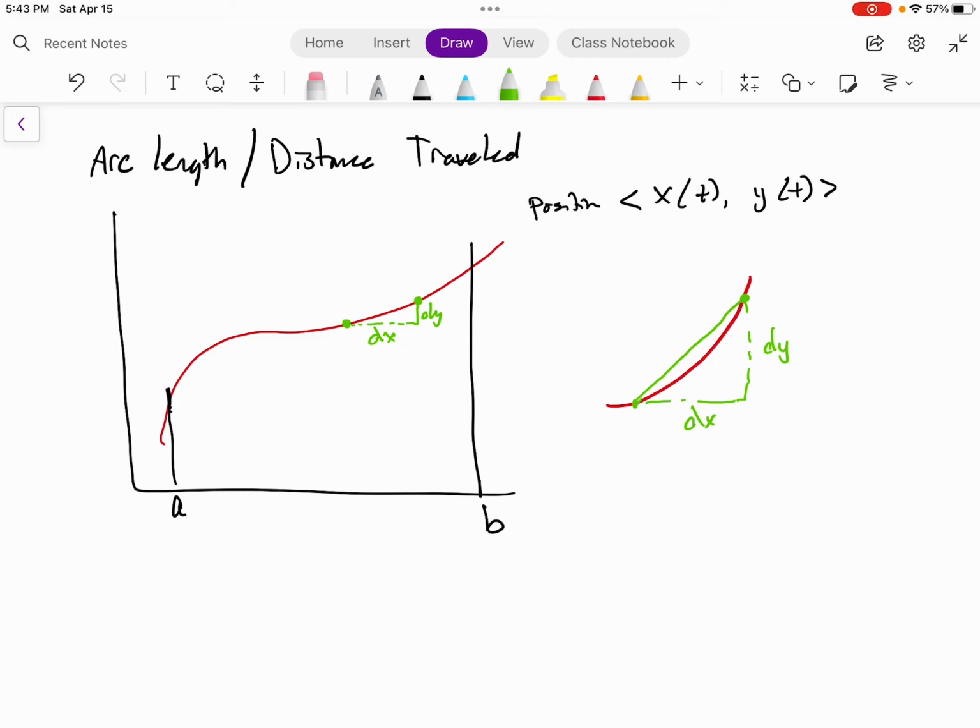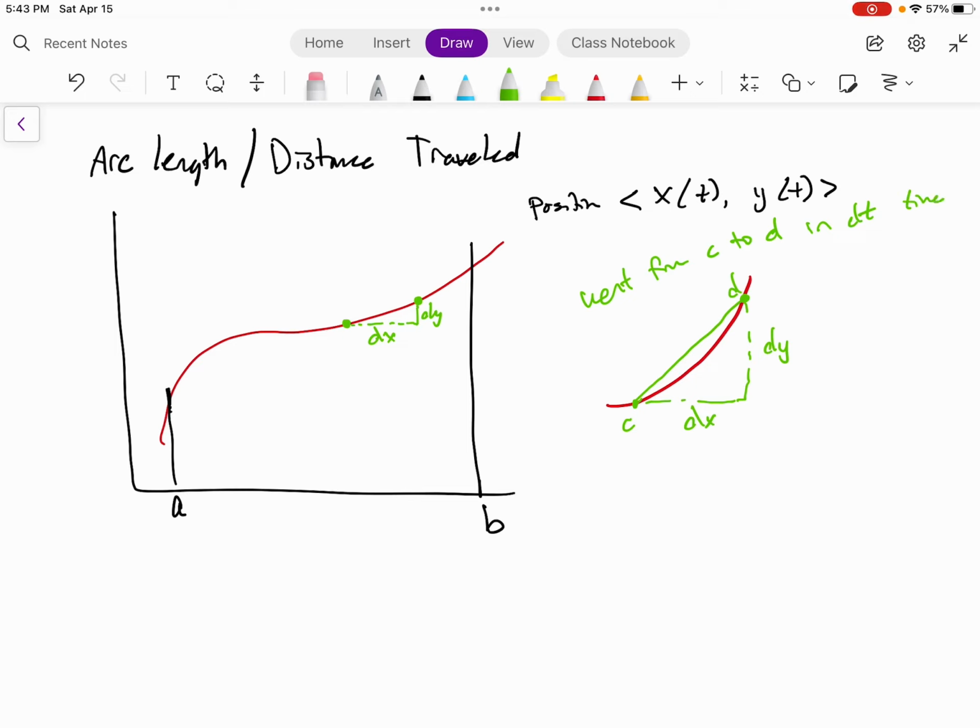So pretend that we went from this point C to D over time t. So we went from C to D in dt time.